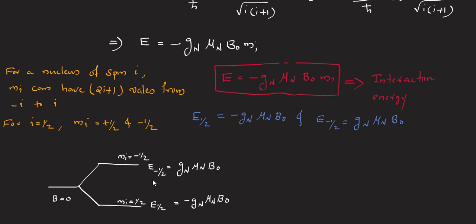That is, the presence of a magnetic field, that is B not equal to 0, makes the energy level split. The presence of the magnetic field causes the energy level to split, corresponding to the values of mi equal to plus half and minus half.